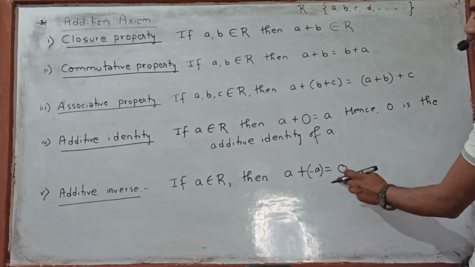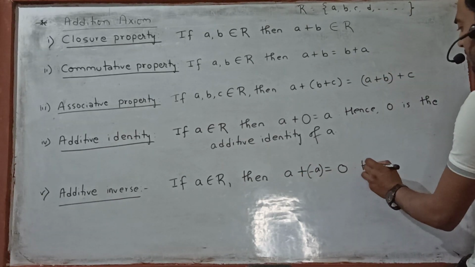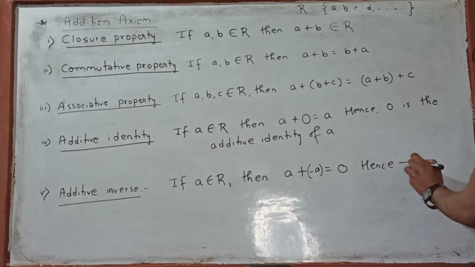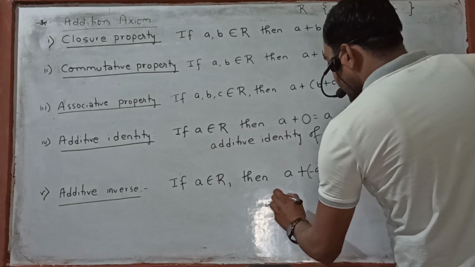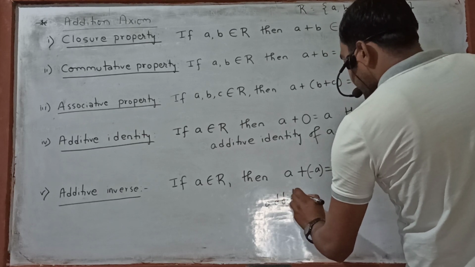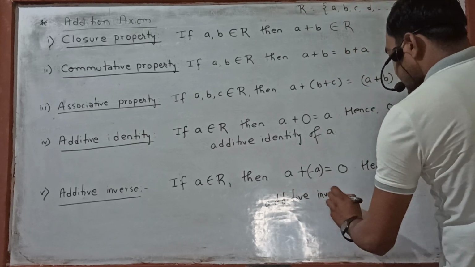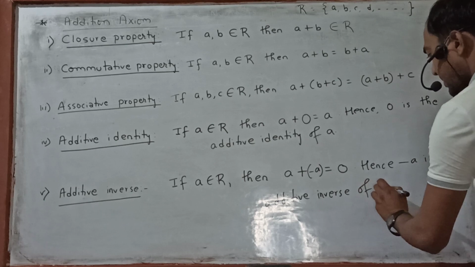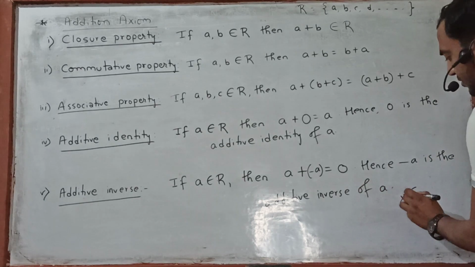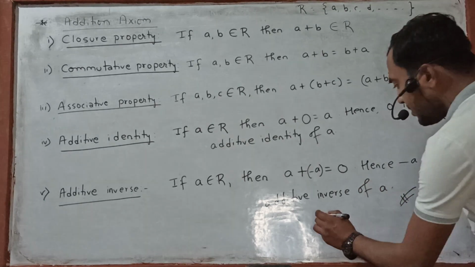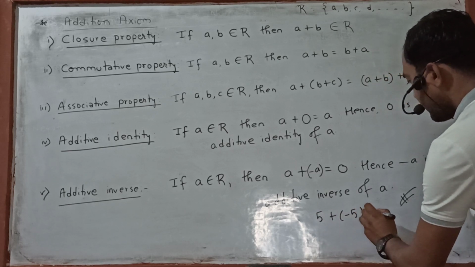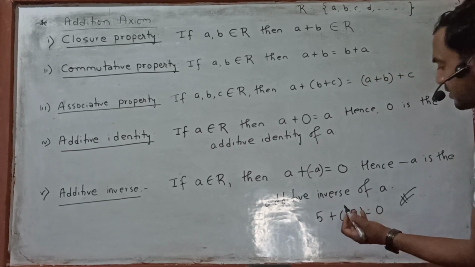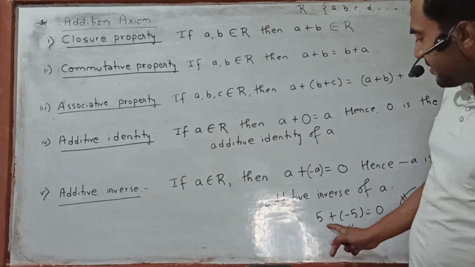So a minus a will be equal to 0. So we can say that hence minus a is the additive inverse of a. Let us take one example. Suppose you are taking 5. To 5 you have to add minus 5 to get 0. So minus 5 is the additive inverse of 5.